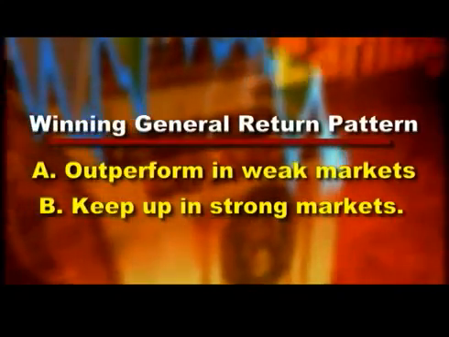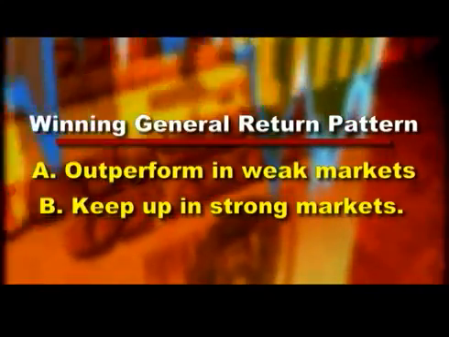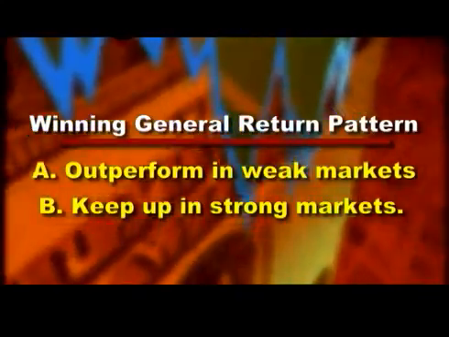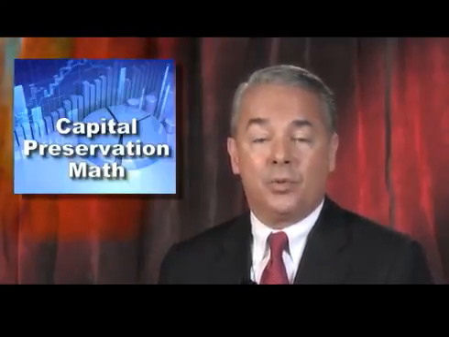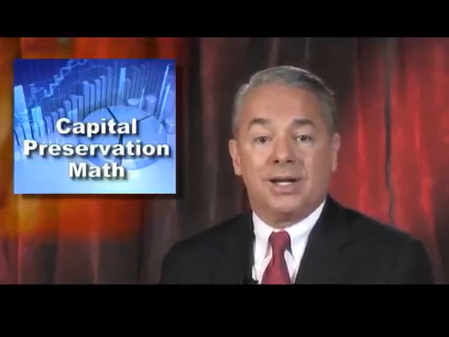In other words, this investment outperformed in weak markets, meaning it lost less than other similar investments at the time and just kept up in stronger markets. The end result would be that the 10-year performance would actually likely exceed a benchmark index even though we slightly underperformed or just kept up with the benchmark 9 out of the 10 years. Losing less or not losing at all is the key to understanding and benefiting from capital preservation math.